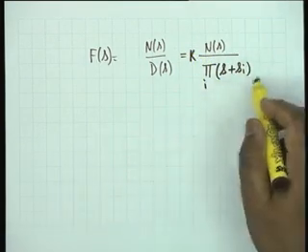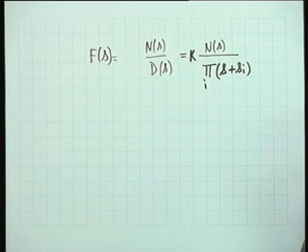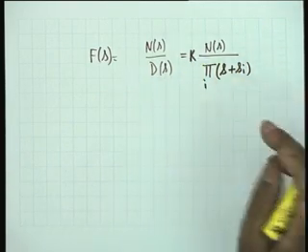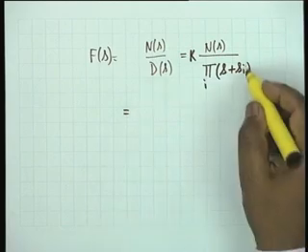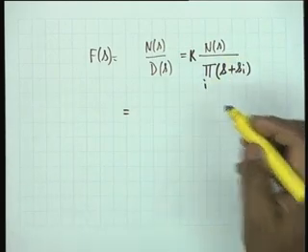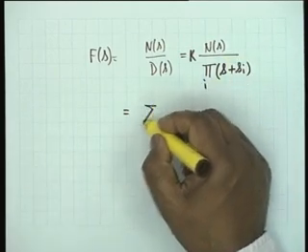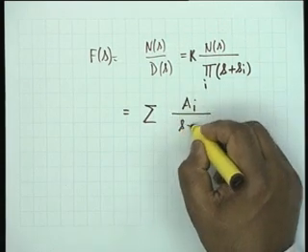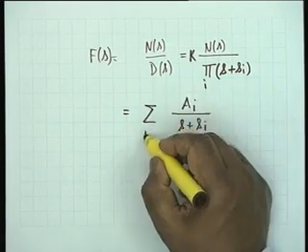The denominator can be factored into n number of roots. If the degree of d of s is small n, it can be factored into so many roots, and this then can be expanded in partial fraction. That is, I can write this as the sum of ai divided by s plus si, summed up over i.